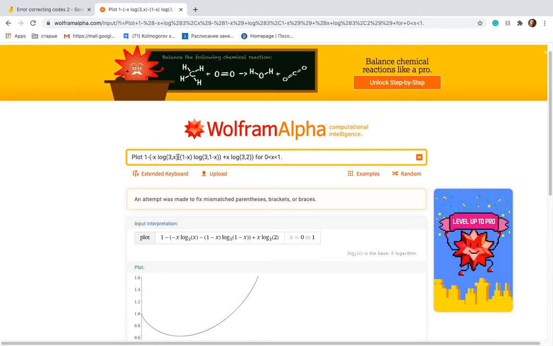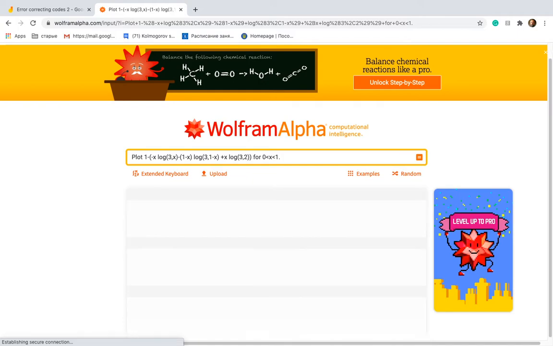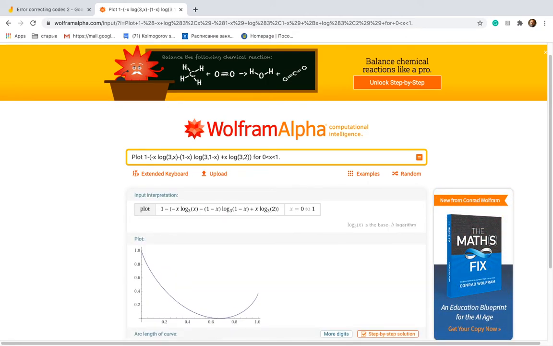Minus x log x minus (1 minus x) log (1 minus x) plus x log. So you see that it becomes 0. So the rate becomes 0 when the relative distance is 2/3.